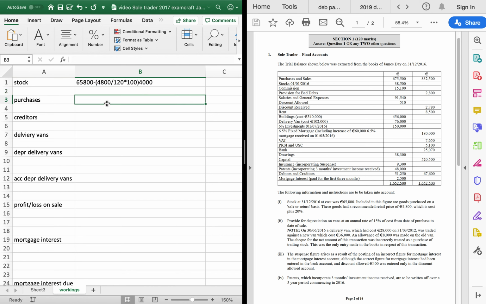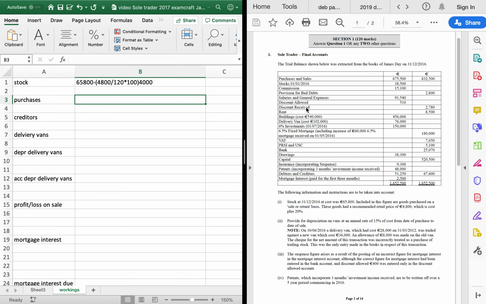We're also going to reduce purchases by 4,000 euros. So our purchases figure is 675,500.